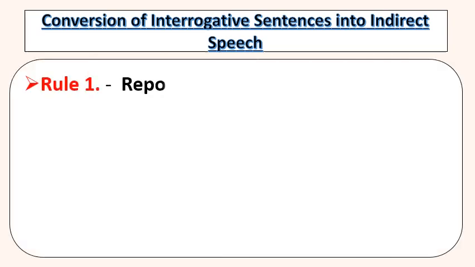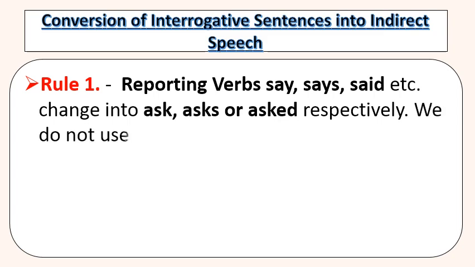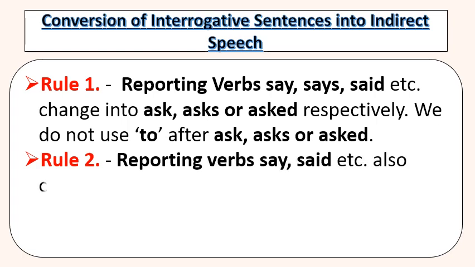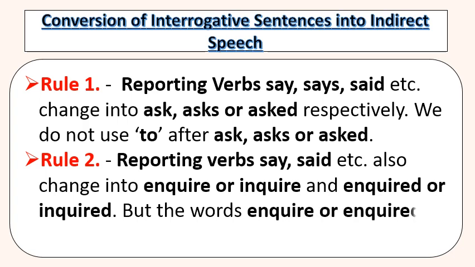Rule number 1: reporting verbs say, says, said, etc. change into ask, asks or asked respectively. We don't use "to" after ask, asks or asked. Rule number 2: apart from these, the reporting verbs say, said, etc. also change into enquire or inquire and inquired.